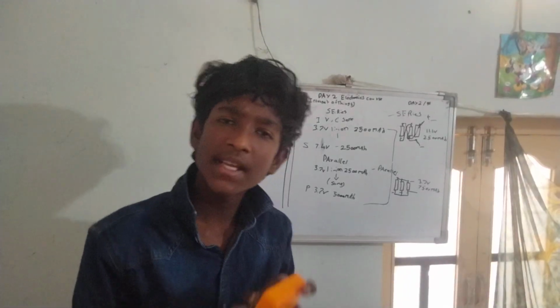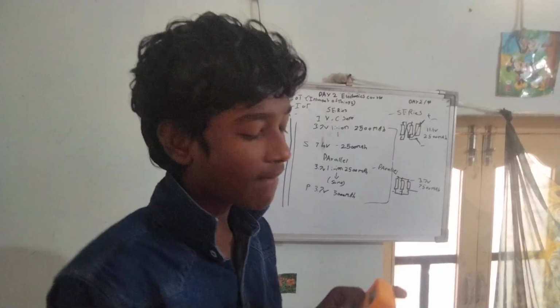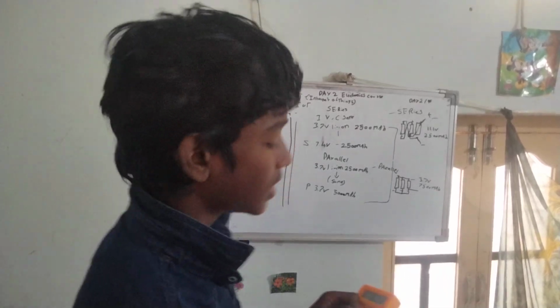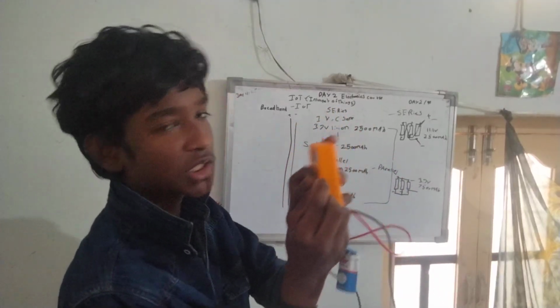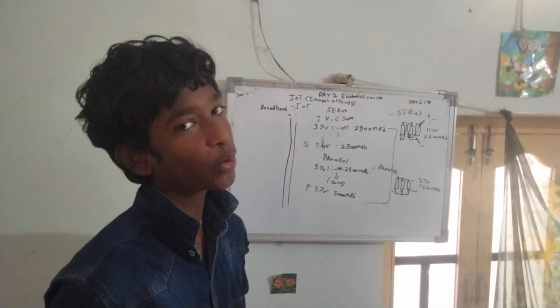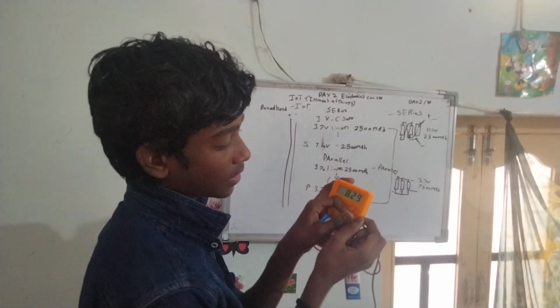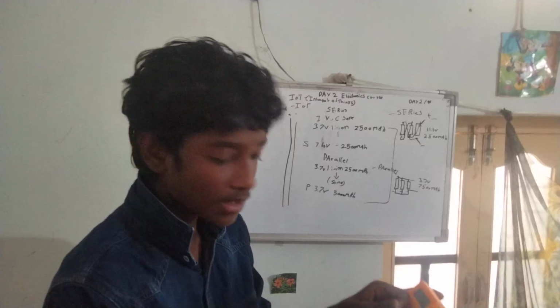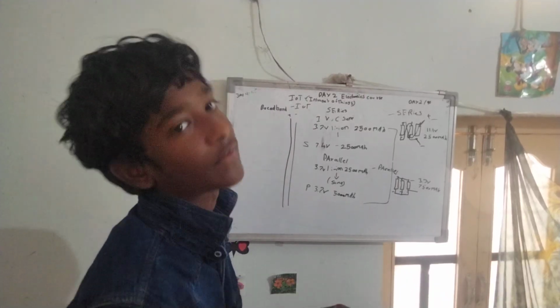Now you can ask me why two 9-volt batteries connected in series have less voltage. To prove that these batteries are drained, each one of them has approximately 4.5 volts. So that's why it's giving 8.30 volts approximately.